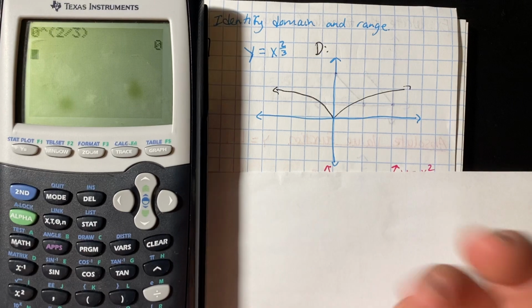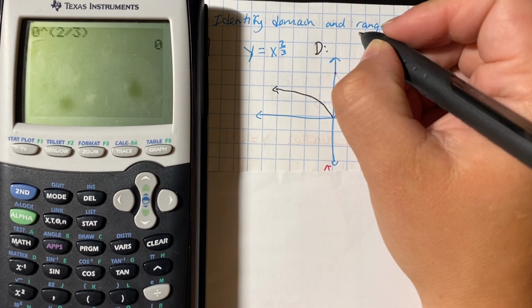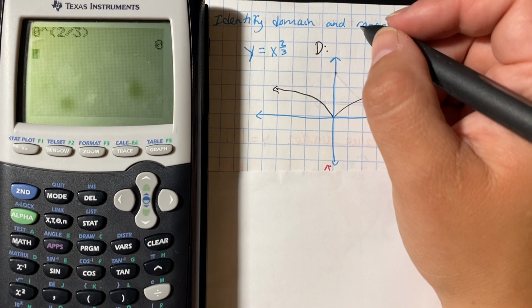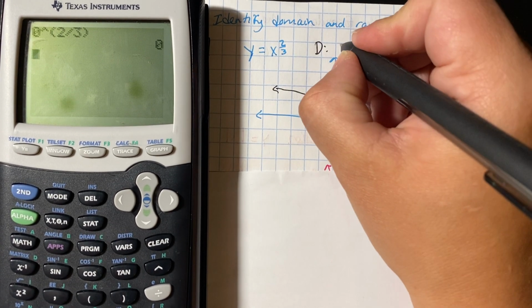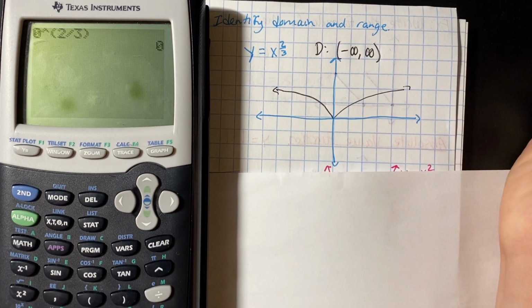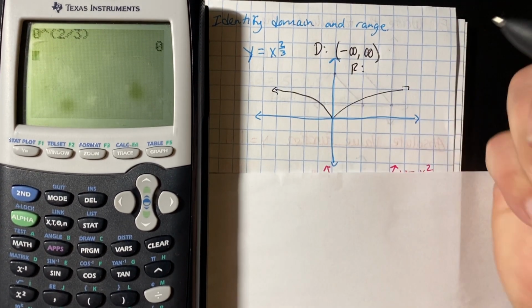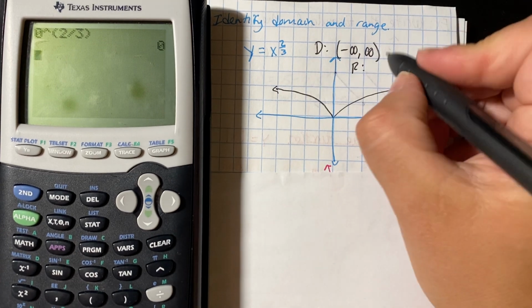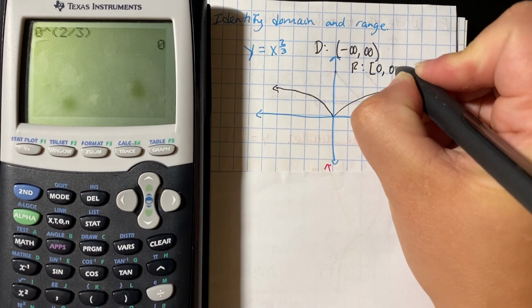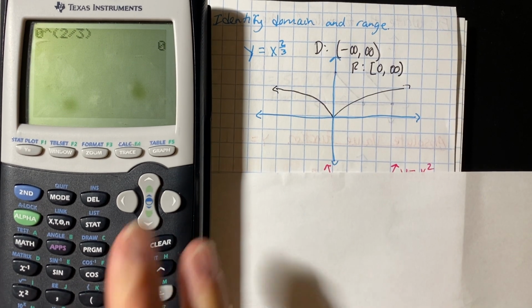It didn't give us an error. So our domain is going to be, just checking myself, okay? -infinity to +infinity, okay? And my range looks like we start at 0 and go up. So we include 0 to +infinity.